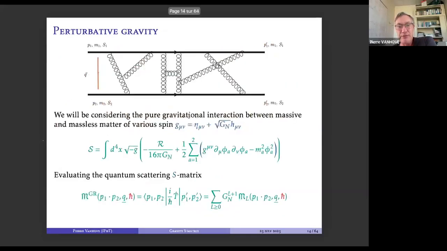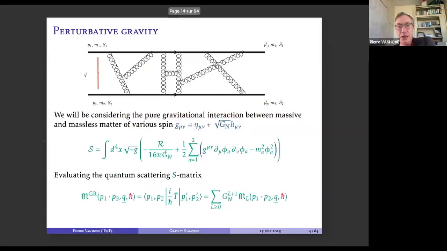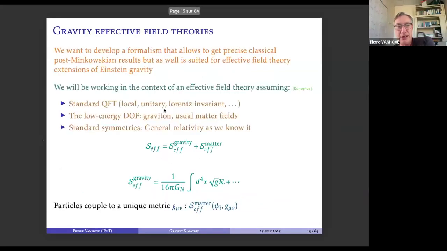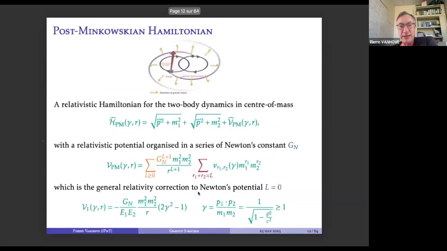And what you do is that, in fact, when you do this, you treat your action. So this is the Einstein-Hilbert action. This is your scalar field. But in fact, you are really using the standard formalism of quantum field theory. That means you are using the fact that you have a quantum field theory that is local, unitary, Lorentz invariant. That's extremely important because I said I want something that is relativistically invariant.